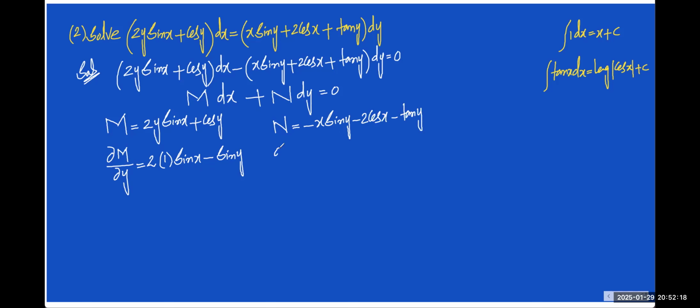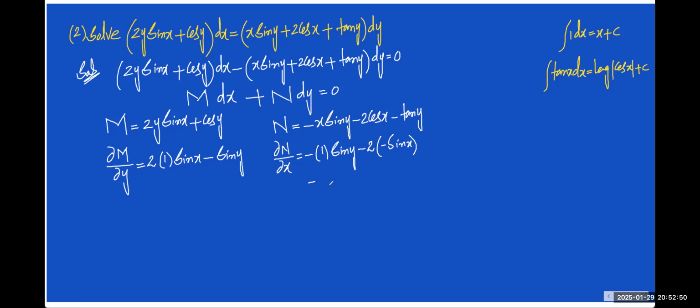Now this value of n we have to differentiate partially with respect to x. With respect to x, the minus stays as it is, x with respect to x becomes 1, sin y is multiplied so it stays as it is, minus 2 as it is, and cos x differentiates to minus sin x. Now tan y with respect to x is a constant, so it becomes 0.